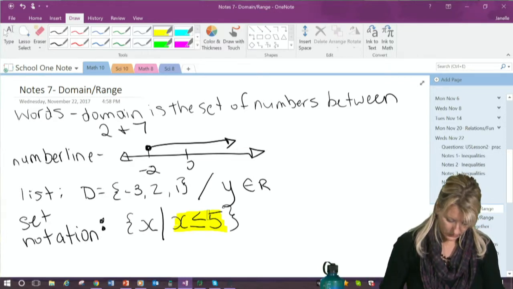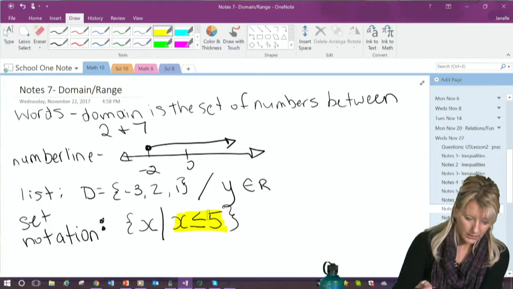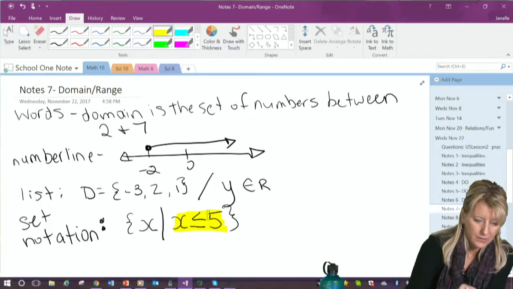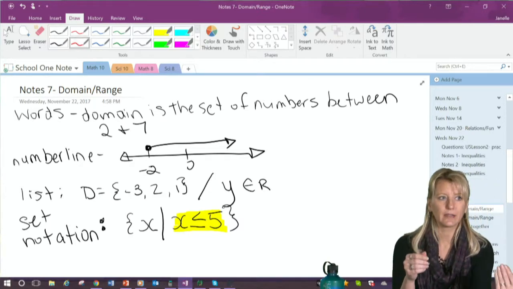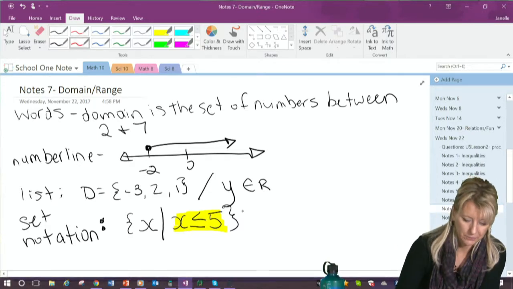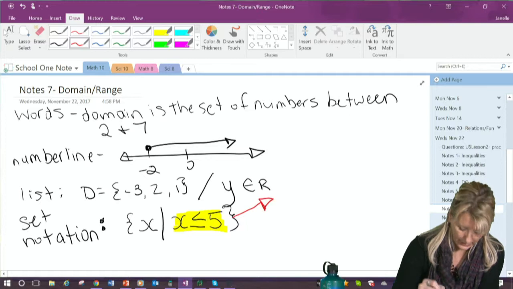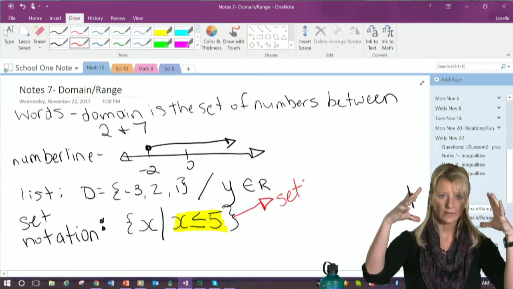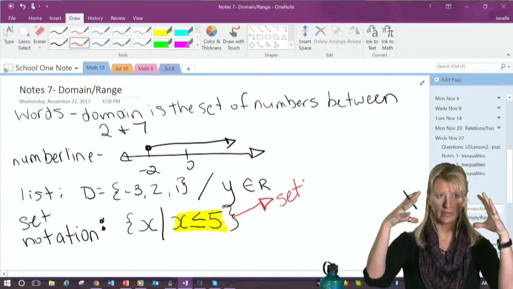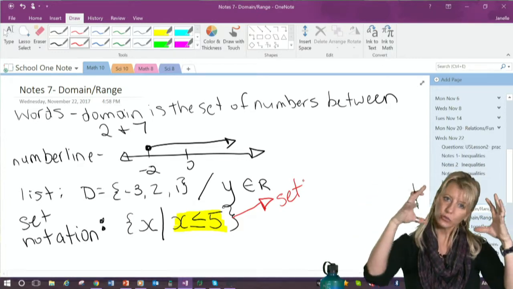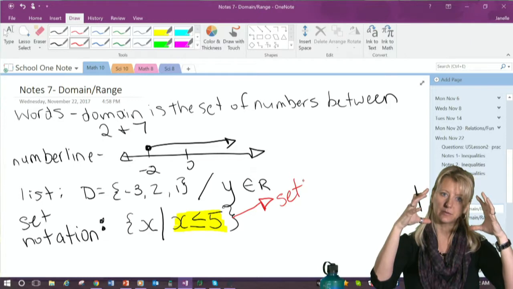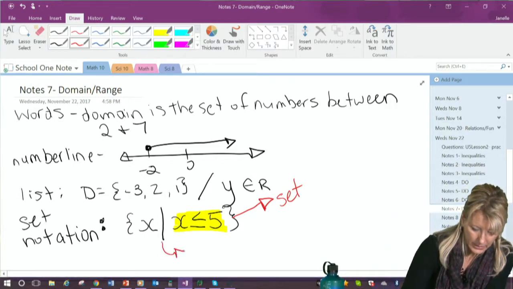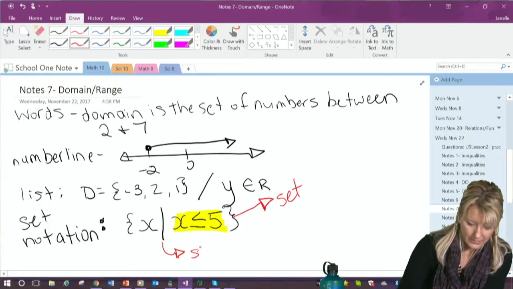All right, so what I'm going to do is sort of break this set notation down. The brackets mean this is the set. This is all what's included in this set of things. So the brackets squish everything into this set of items that we're talking about, okay? This line right here means such that.